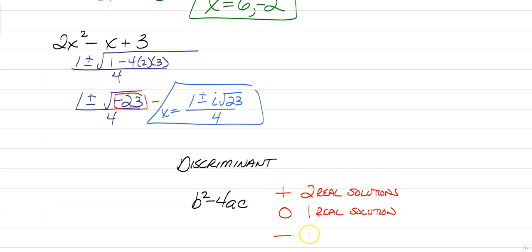And if you have a negative, you have no real solutions. You actually have 2 imaginary. So it's important to know the difference between 2 real solutions versus 2 imaginary solutions. Okay? And we're going to apply it.